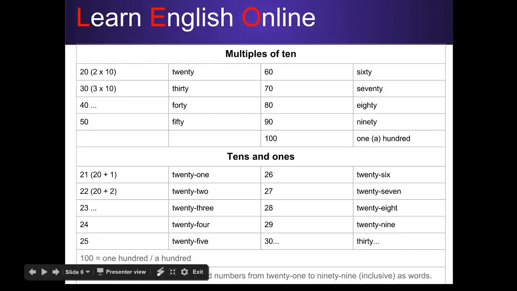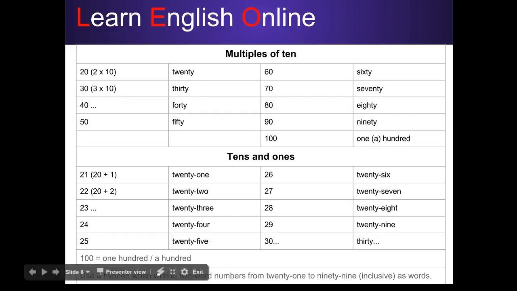And so on, 31, 32, 33, 34, 35, 36, 37, 38, 39, 40. Up to 90, 91, 92, 93, 94, 95, 96, 97, 98, 99, 100. So you get to 99, you add 1, you have 100.